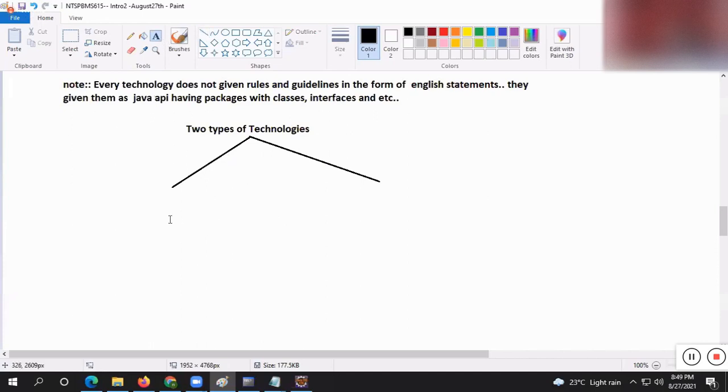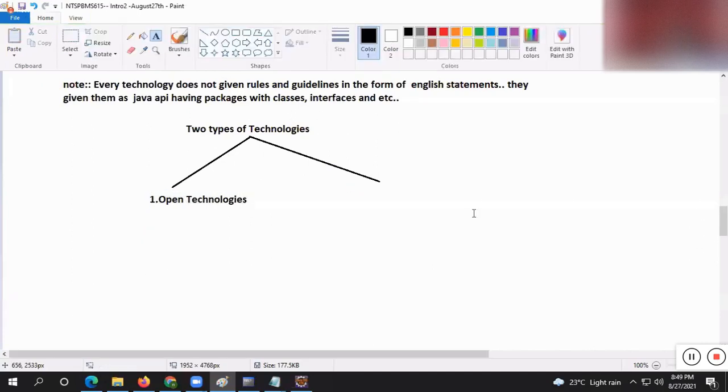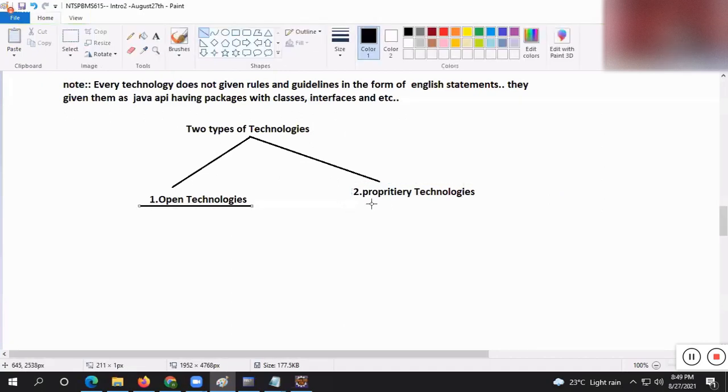Yes. Two types of technologies, guys. Number one, open technologies. Number two, proprietary technologies. Listen, guys, here the rules and guidelines of technology are open to all the vendors.